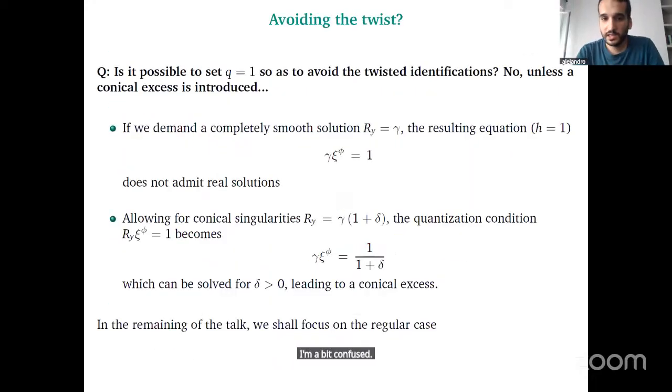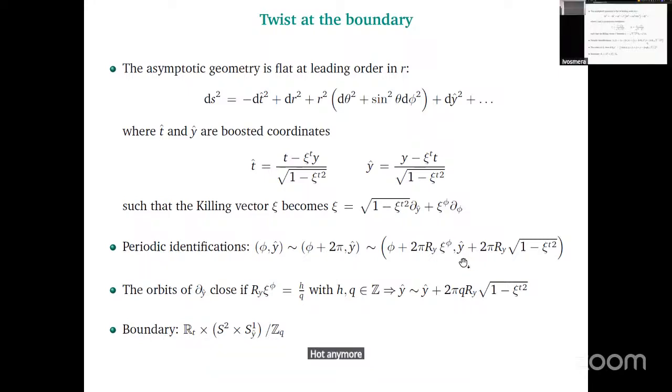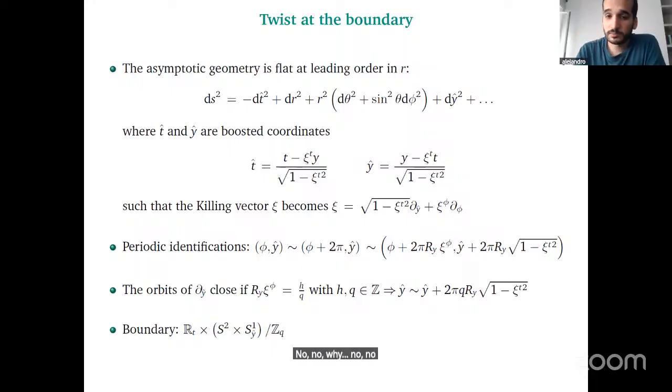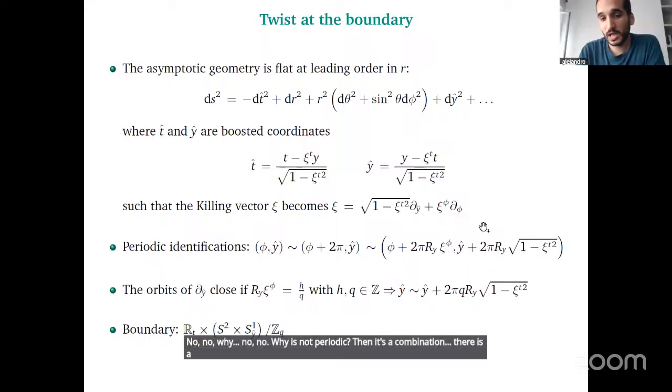T hat is precisely defined, this is the definition of t hat, such that the periodic identifications do not involve t hat anymore. Yes, but then because y is periodic, t hat is going to become periodic. y has its own periodicity, right? No, y is not periodic. There is a combination. So the identifications are these ones. You can rephrase it in many ways.